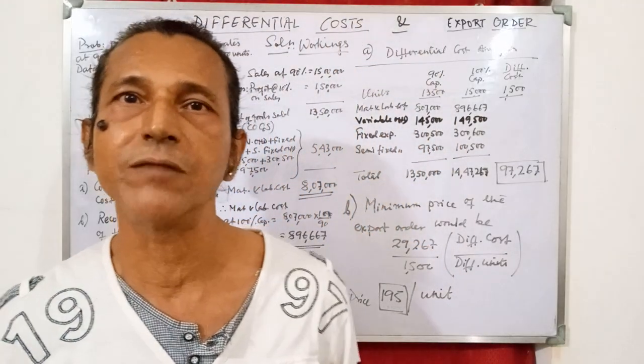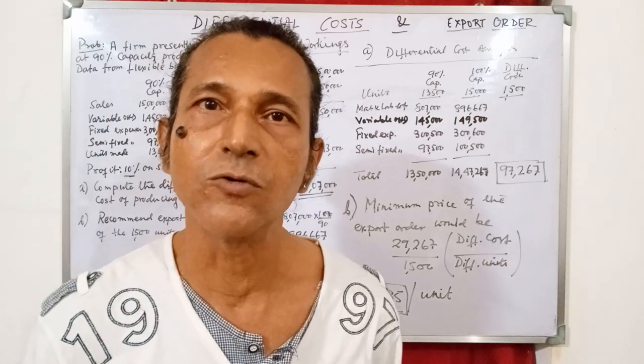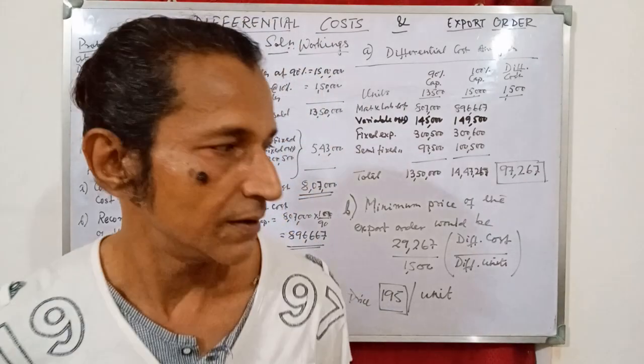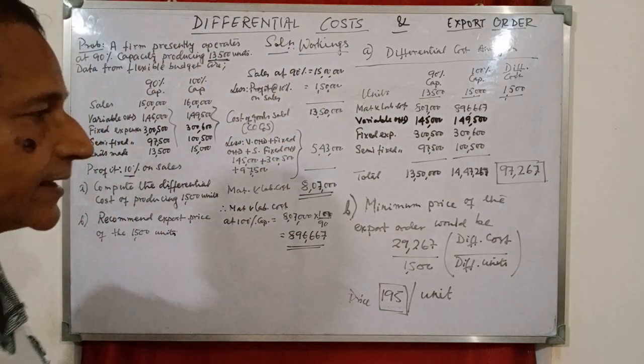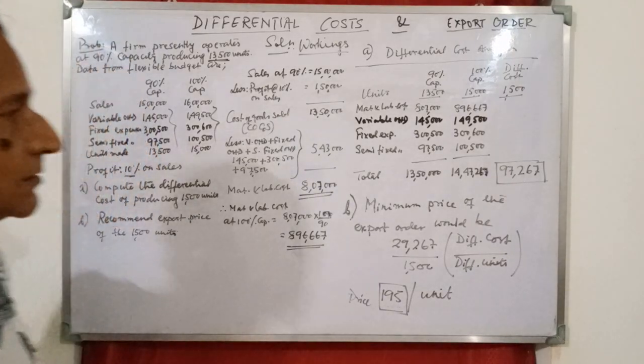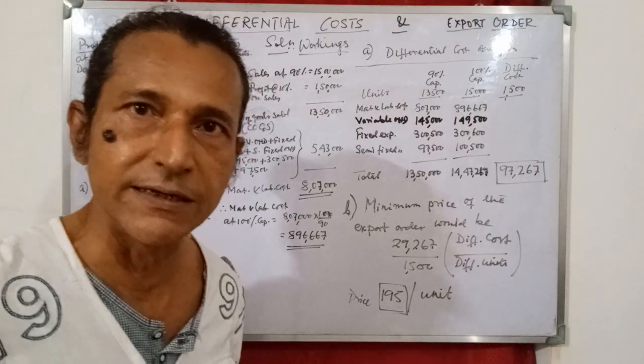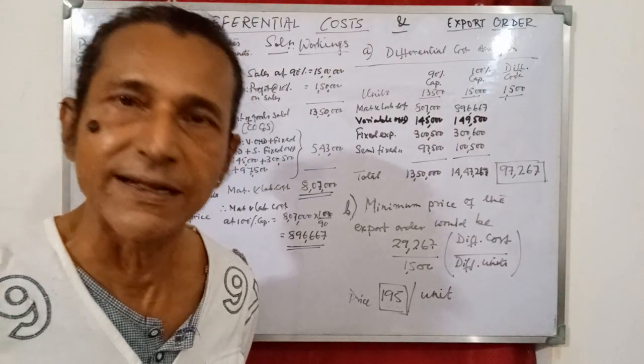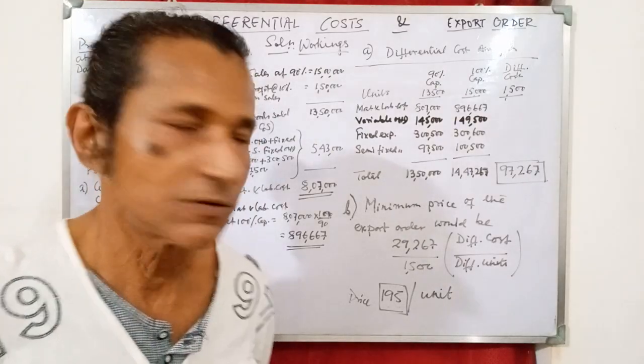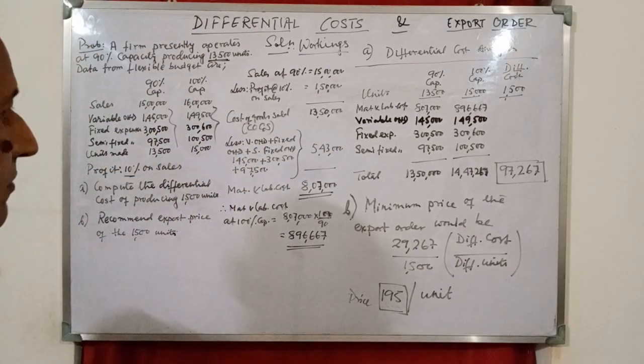In some cases, some firms even export some goods at a loss. Now here, we are not taking that into consideration because it is not mentioned in the problem that the firm is in such a position that it has to take the export order even at a loss.